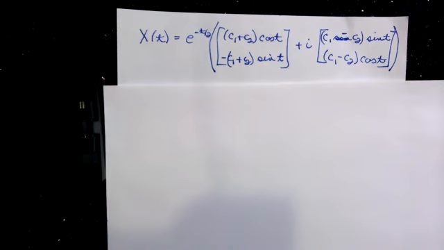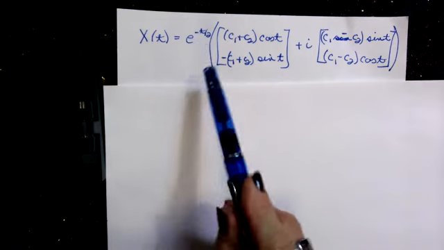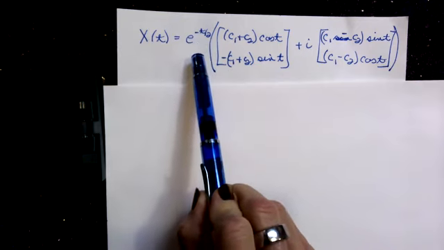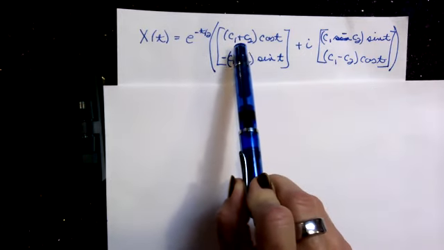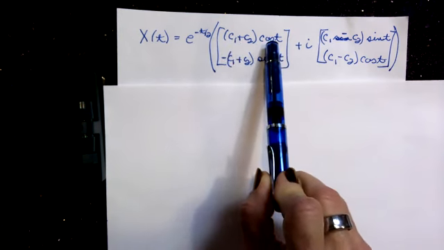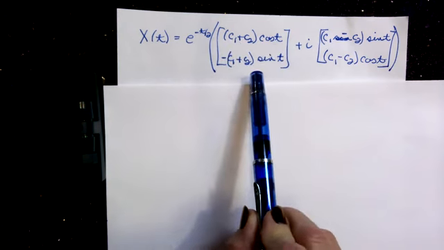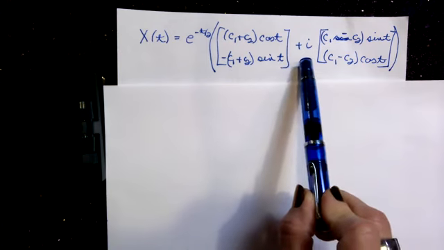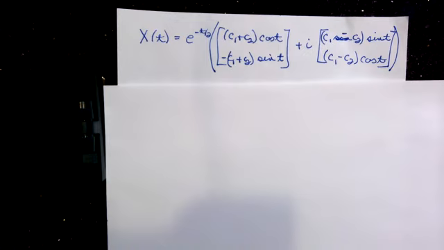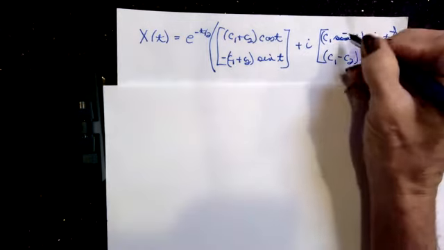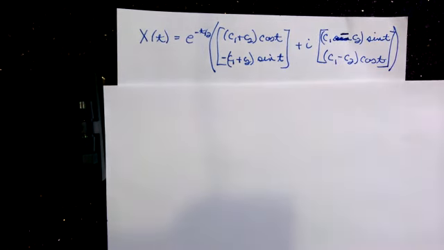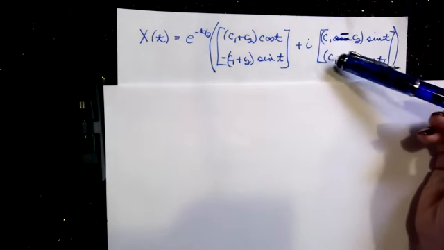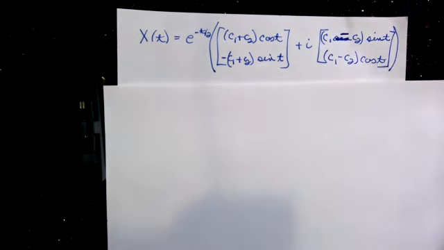Okay, so rewriting that last line we had on the previous sheet and factoring out the e to the minus t over 2, so that's times all of this. If you rewrite things carefully, you get C1 plus C2 times cosine t, and then minus C1 plus C2 times sine t. And then if you look at the terms that have an I in them, it is C1 minus C2 times sine t in the first component, and then I times C1 minus C2 times cosine t in the second.